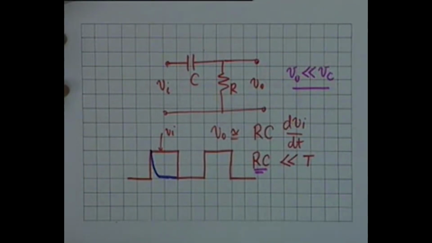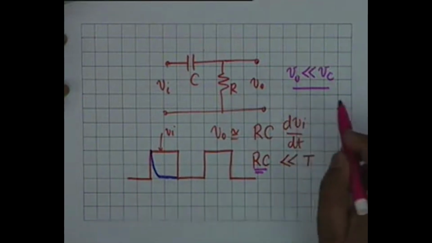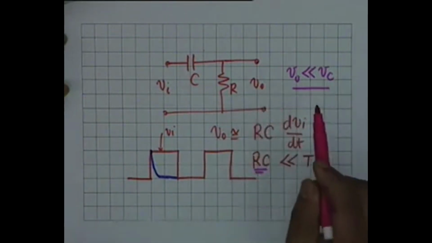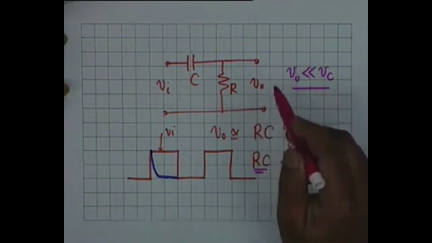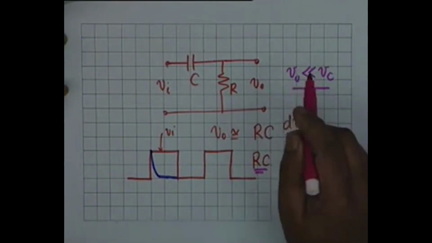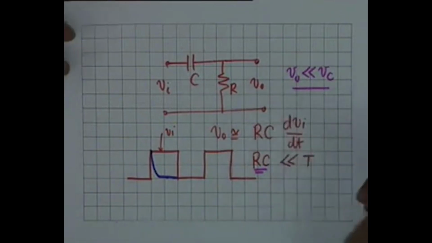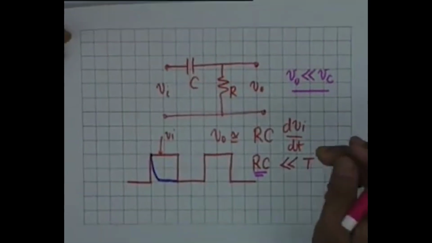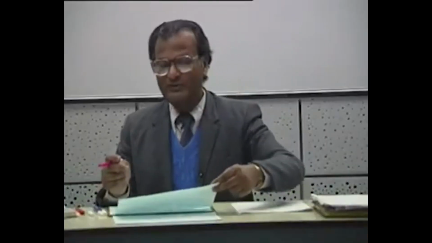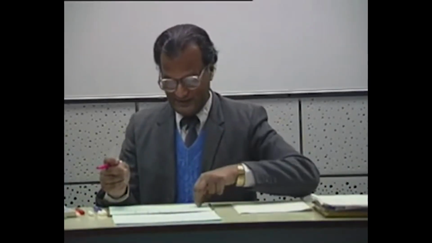Can we design a circuit in which this constraint is not needed? If V0 is much less than Vc, it means the output voltage is a very reduced differentiated form of the input voltage. Can we do something to obviate this difficulty?